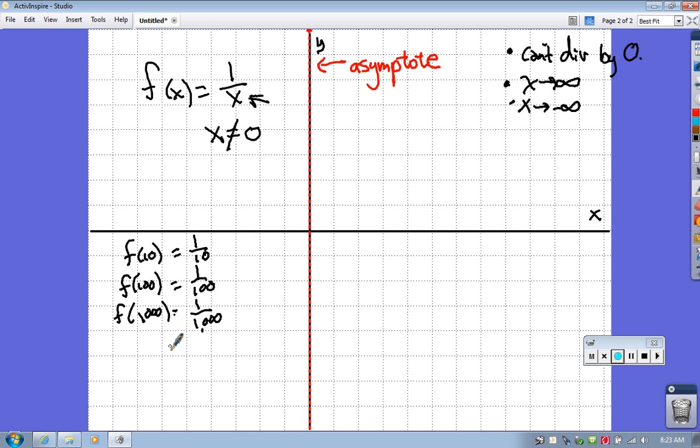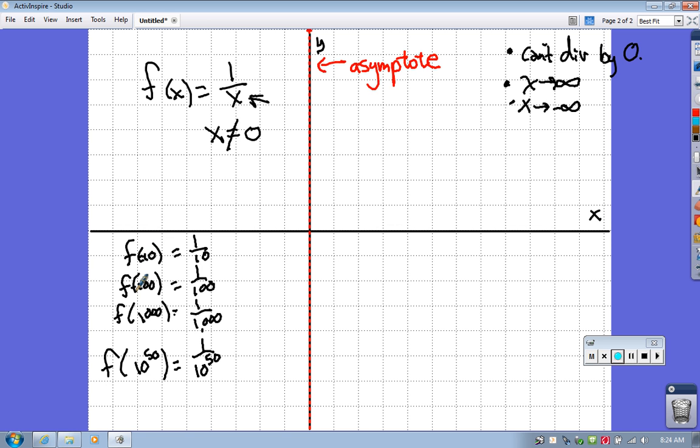No matter how big x is, like, let's say it's 10 to the 50th, a 1 with 50 zeros behind it. This is 1 over 10 to the 50th, which is a tiny, tiny fraction, but it is not 0. So as x gets bigger, f of x gets closer and closer to 0 from the positive side. And for the negative, we could do the same argument.